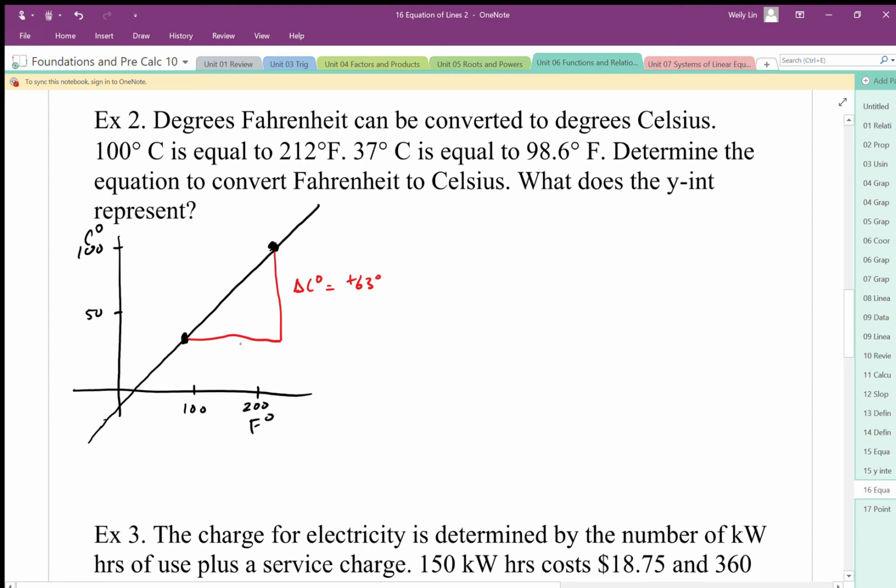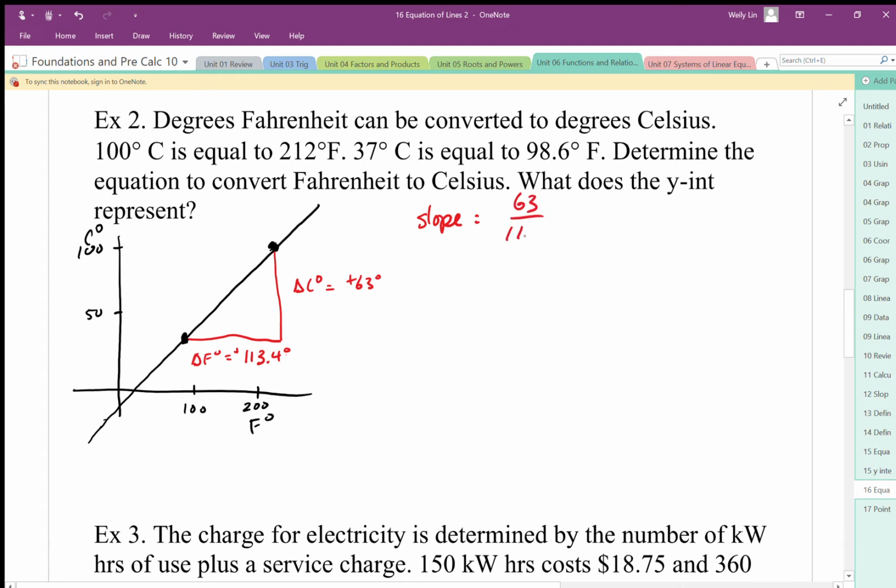Okay, the change in the degrees Fahrenheit, we're going to do 212 minus 98.6. Okay, and that gives us the change in degrees Fahrenheit is equal to 113.4 degrees.